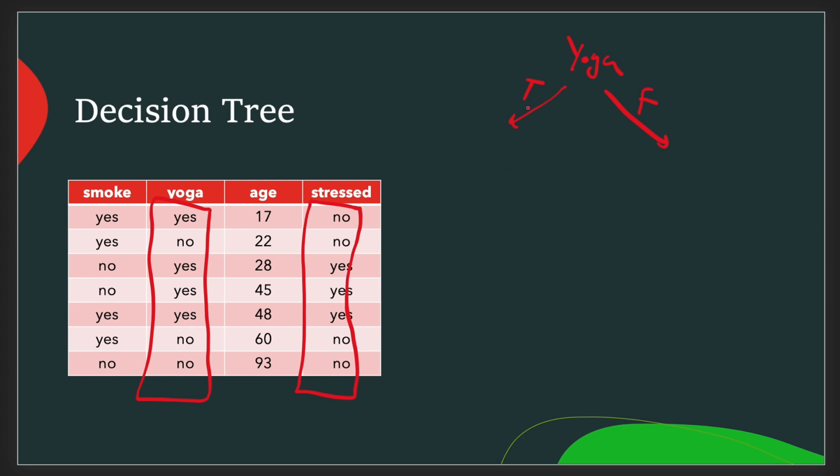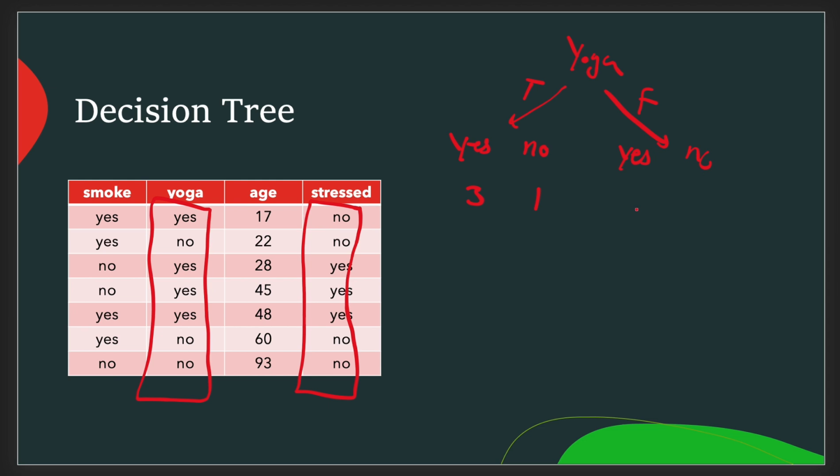And if they do yoga, and then I go yes, no, just like we did before, you'll see that 3 goes here, like 3 people that do yoga, for example here, right? So 1, 2, 3 people that do yoga are also stressed, and 1 is not, so that goes in here.